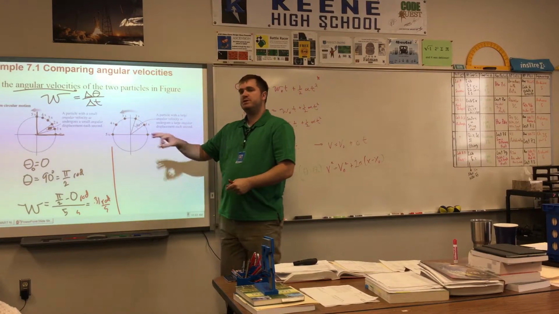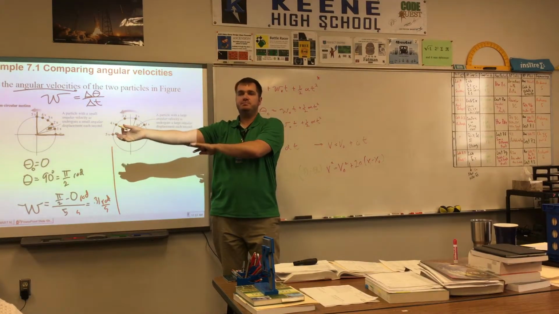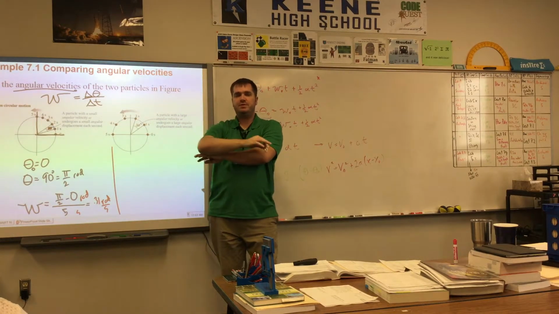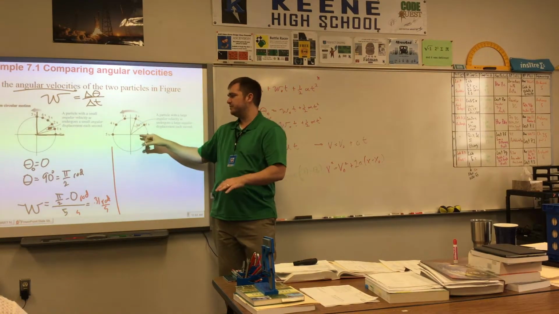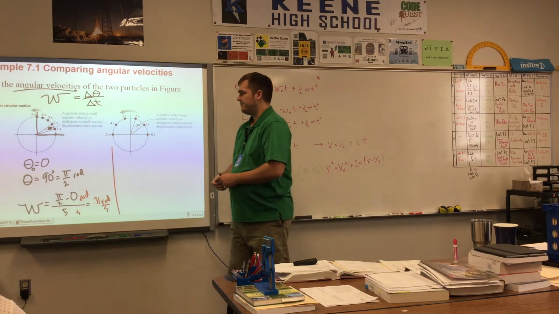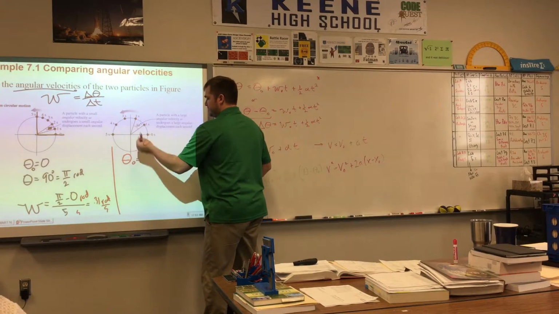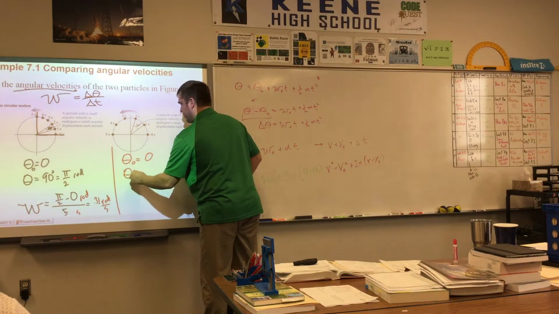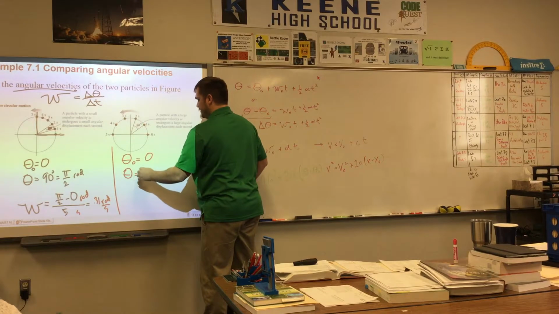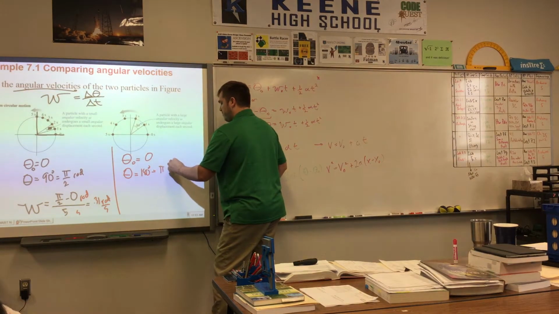In 5 seconds, what does this particle do? Goes 180 degrees. So what do you think, is this one going faster or slower than that one? Faster. It is going faster. Theta naught is still 0. Theta is 180 degrees, or pi radians.